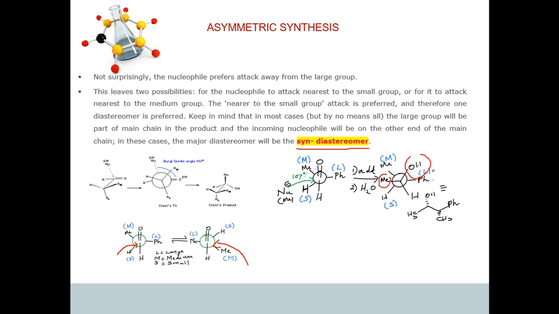Now let us learn how to convert this particular Newman projection into a wedge representation. You see, the attacking nucleophile methyl and the larger group phenyl on the other carbon are anti to each other, and this methyl group and this OH group are syn to each other, and therefore we convert this Newman projection into this form.